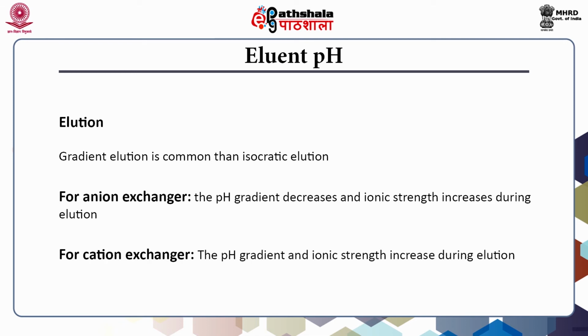In case of cationic exchanger, the pH gradient and ionic strength both have to be increased. What happens here is when the pH is increased, the cationic form of proteins will be decreased.